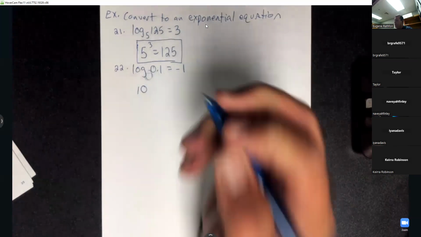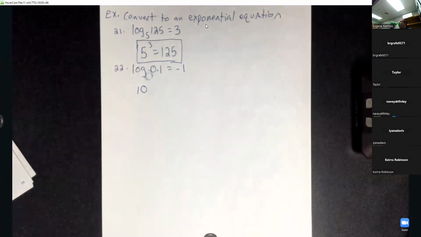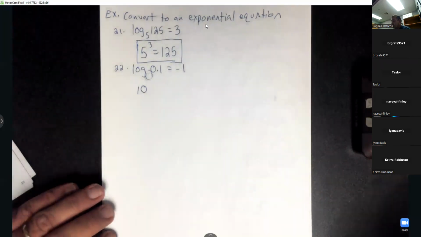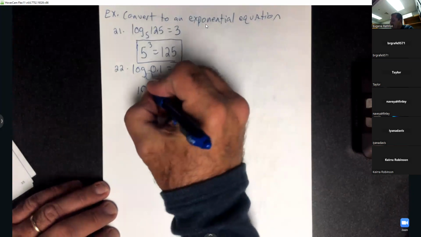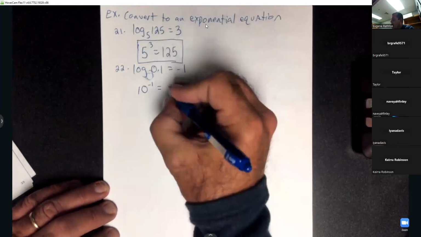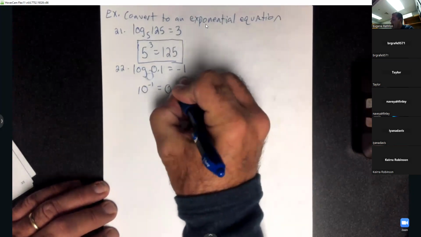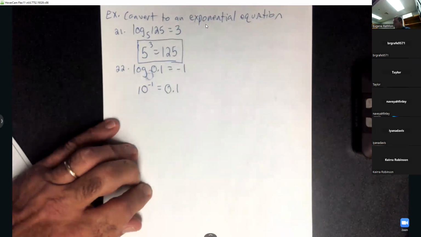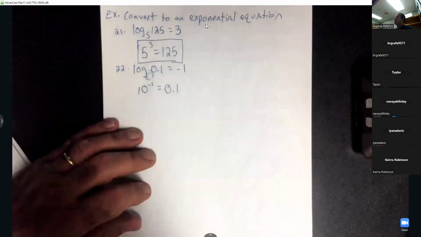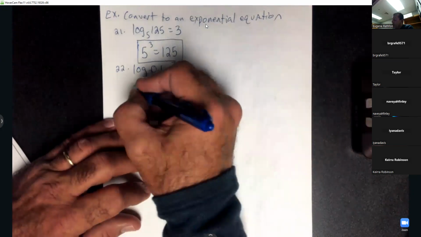So you're going to have a log, you're going to have a base of 10. Exponent would be that -1. And 10 to the -1 has to equal 0.1. So good job. You just got to watch out for the logs and the LNs on some of these.